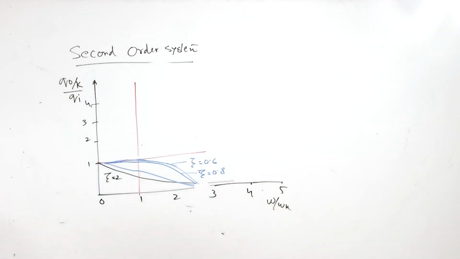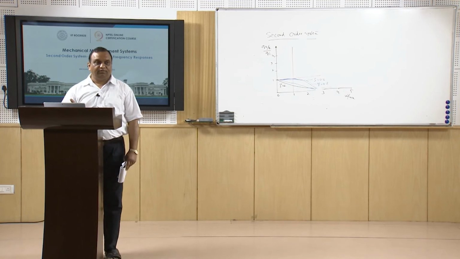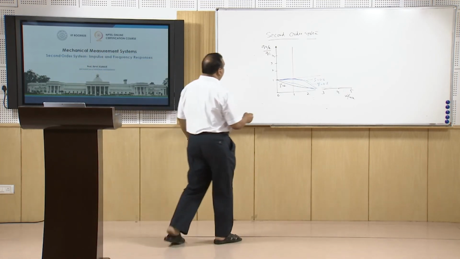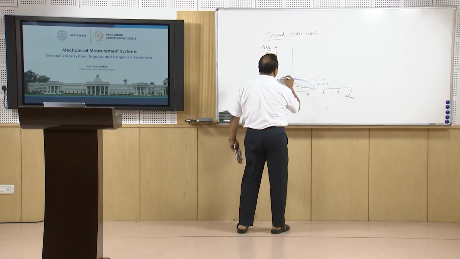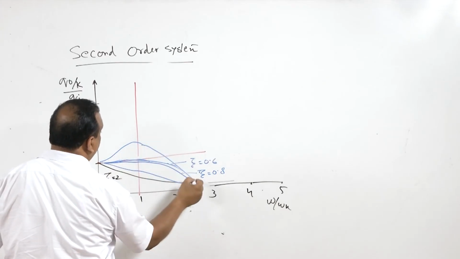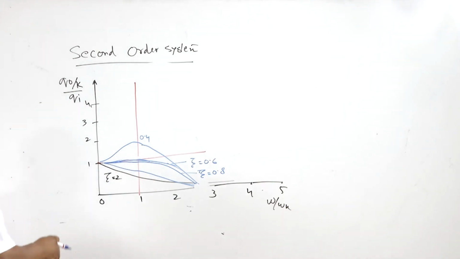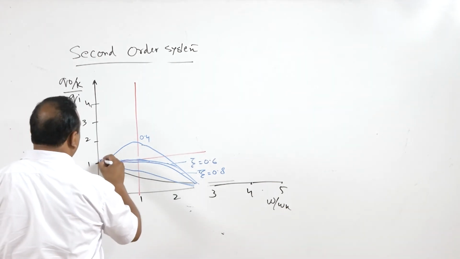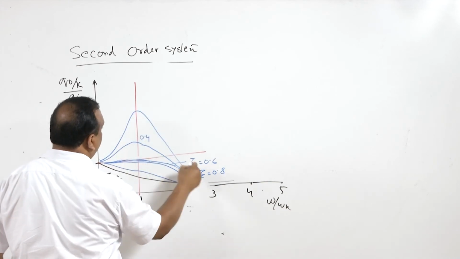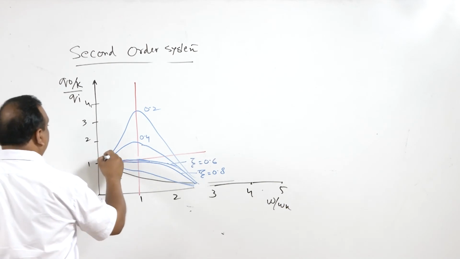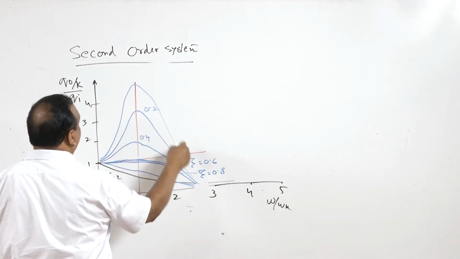Now the damping ratio will further reduce. If the damping ratio is further reduced, then we get a hump, 0.4. We further reduce the damping ratio, then there is 0.2, then 0.1.